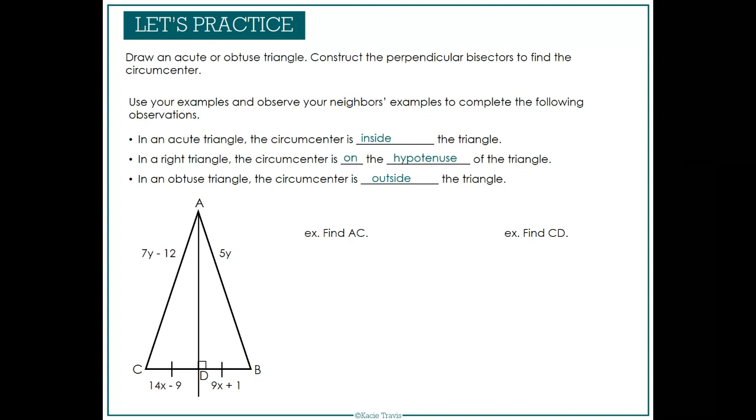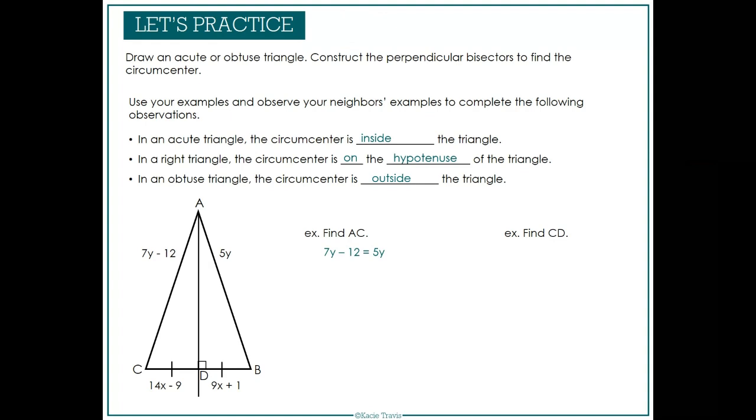So first thing I need to know is that because this is a bisector, I can set any of the points equal to each other because they are all equidistant. So I can tell that both these sides for AC and for AB are equidistant from the bisector. So that means I can set them equal to each other.